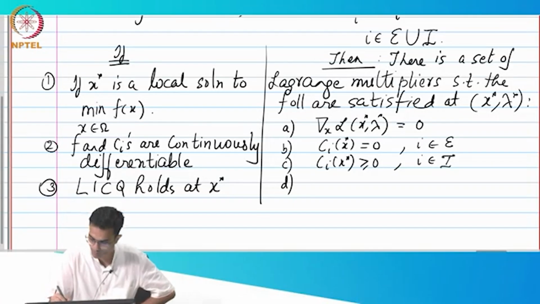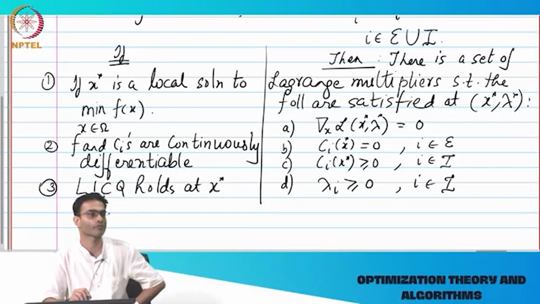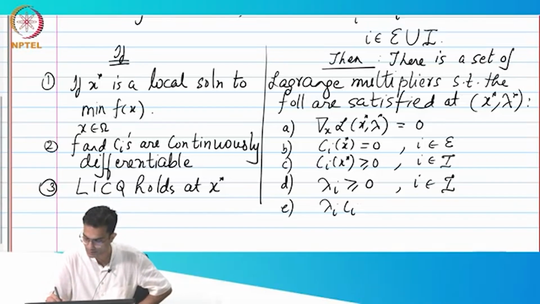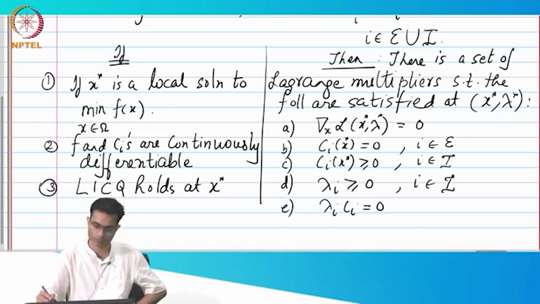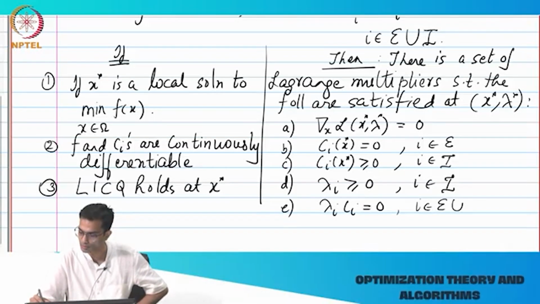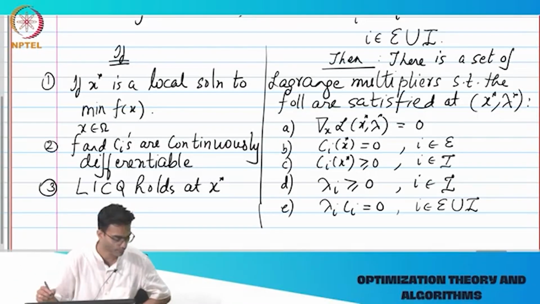No, right? So that point comes over here. Lambda_i should be greater than or equal to 0 for i belonging to the inequality set. And finally comes our complementarity condition: lambda_i c_i equal to 0 for all i.